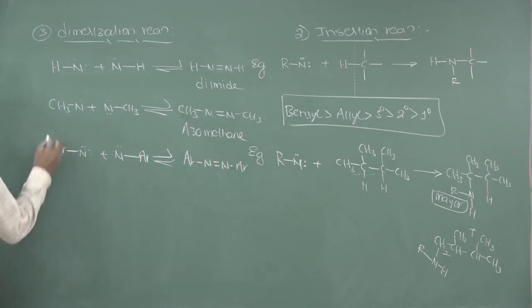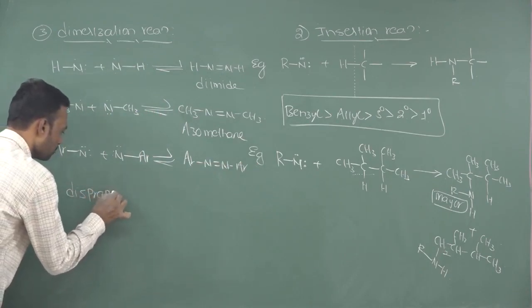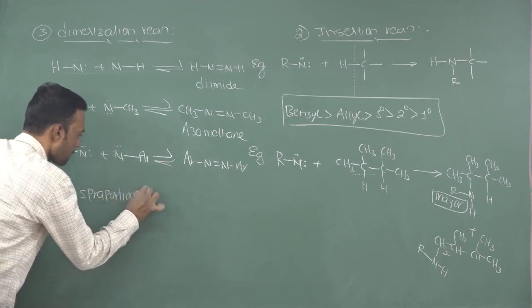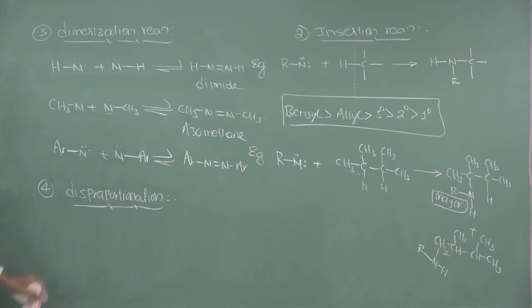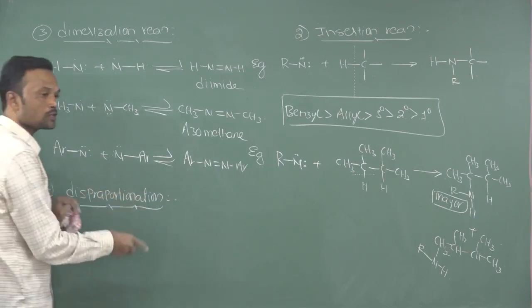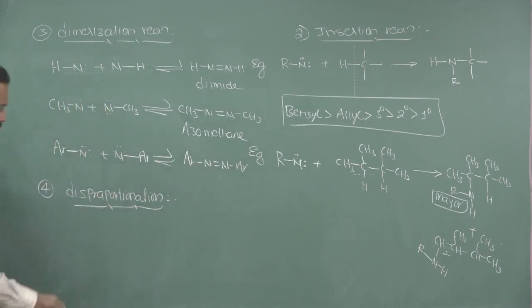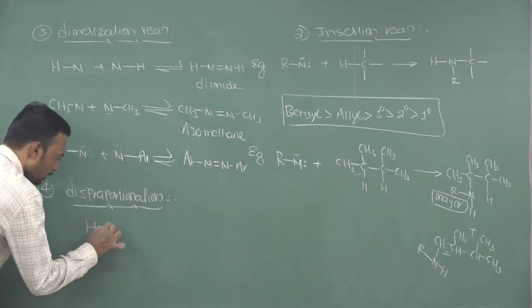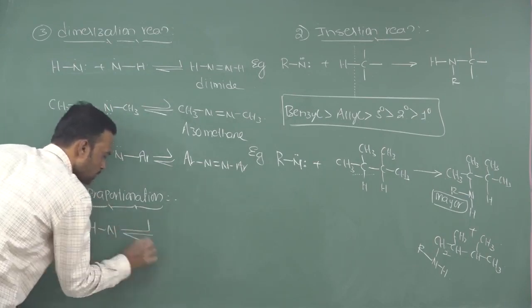Okay? So this is the dimerization reaction, and one more you can also expect is disproportionation. What is disproportionation? Oxidation and reduction. Oxidation and reduction together is known as disproportionation. So self oxidation and self reduction is called disproportionation, a redox reaction. If I take a nitrene and the nitrene undergoes oxidation and reduction, then what happens?